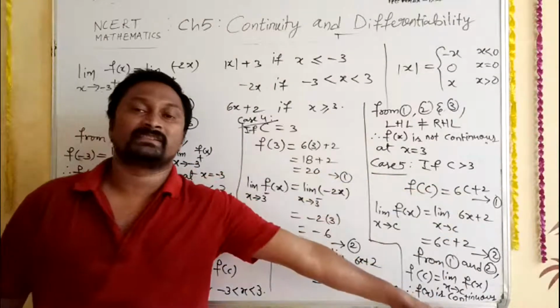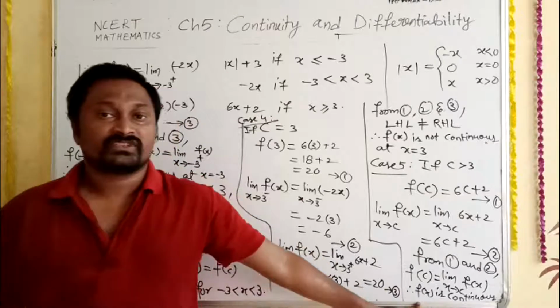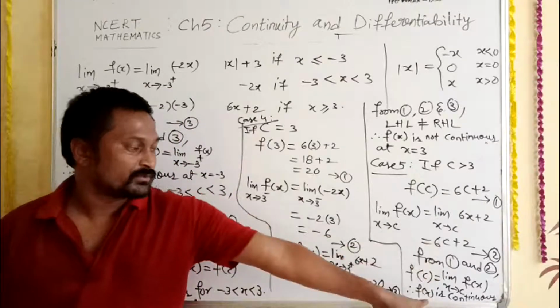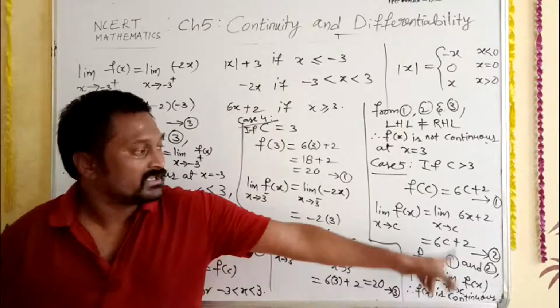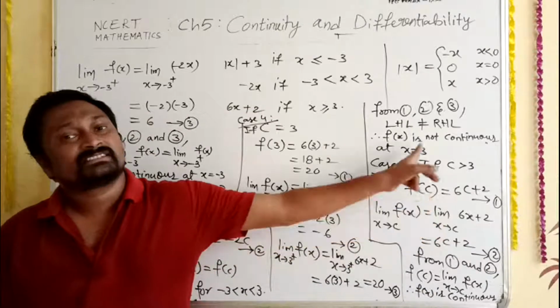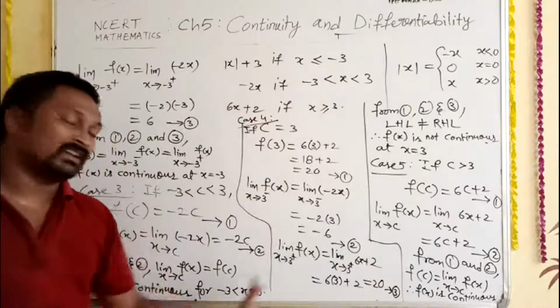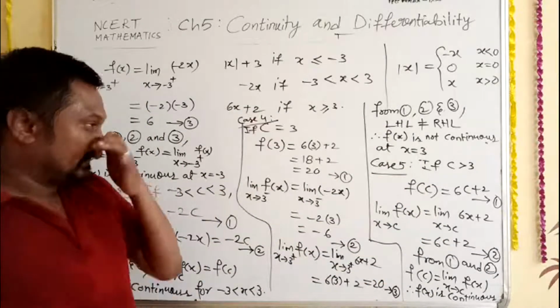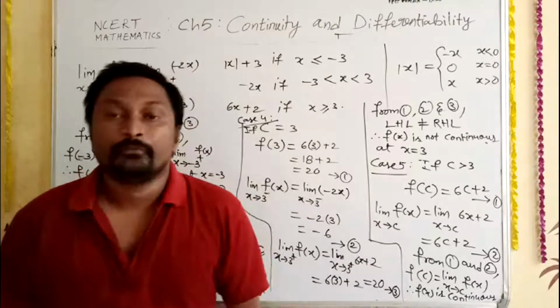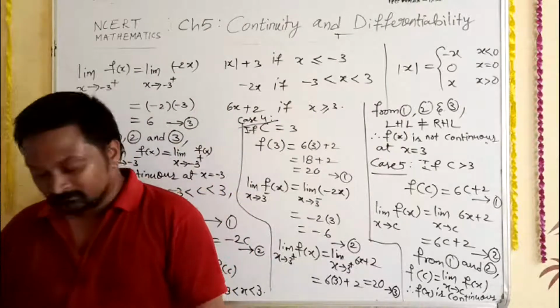You just remember that is what we need to write: f of x is continuous for all real numbers. After completion of all these cases, what can we conclude here? We can conclude here.